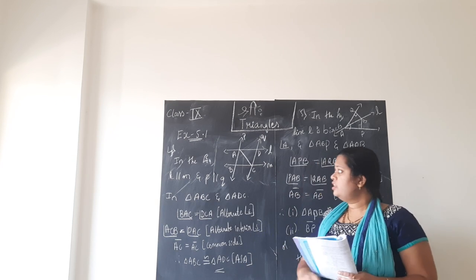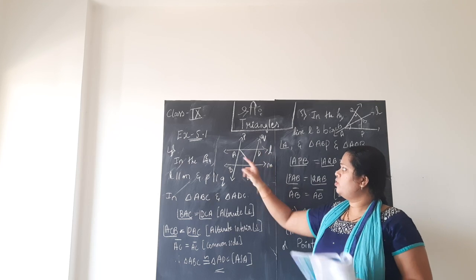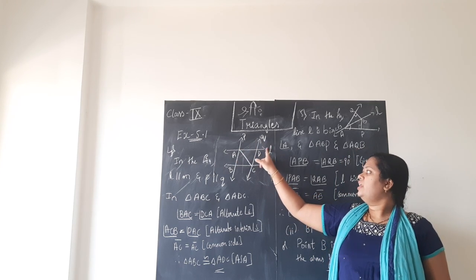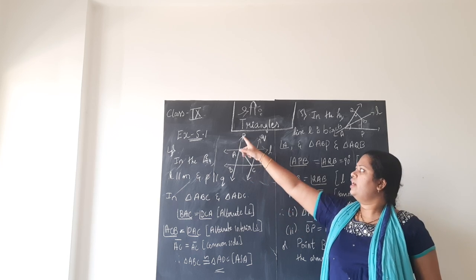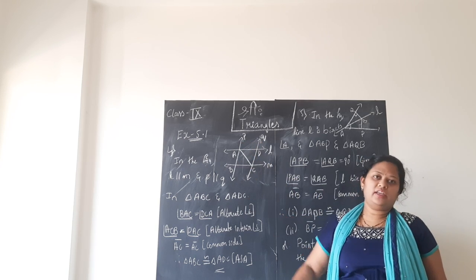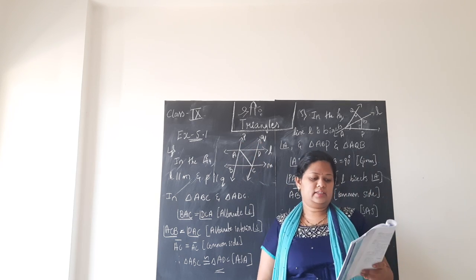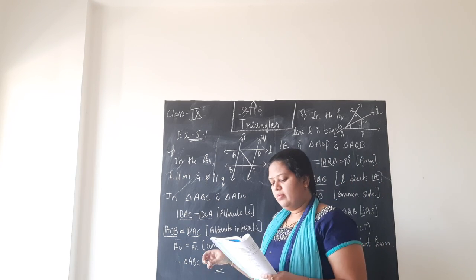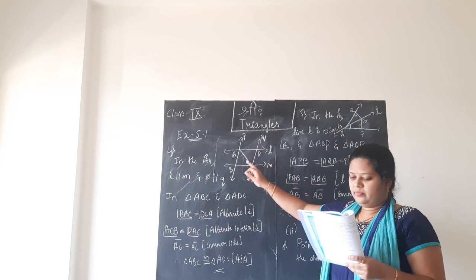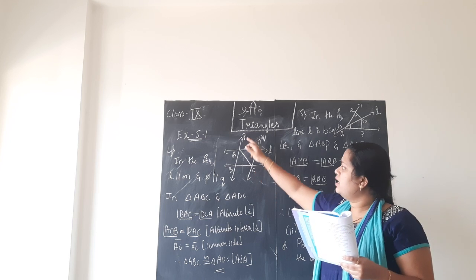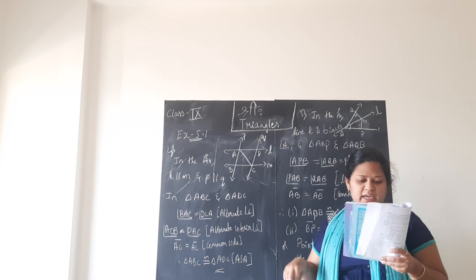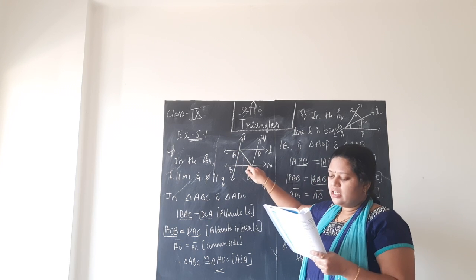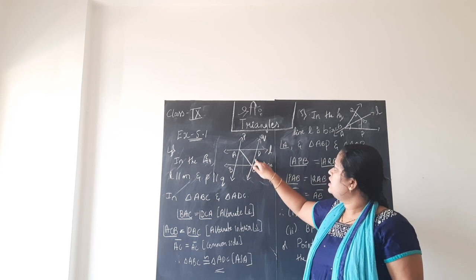It is given in the figure that L and M, you can see the lines L and M, P and Q. The line L is parallel to M and line P is parallel to line Q. They are nothing but parallel lines. So, L and M are two parallel lines intersected by another pair of parallel lines P and Q. Show that triangle ABC is congruent to triangle CDA.